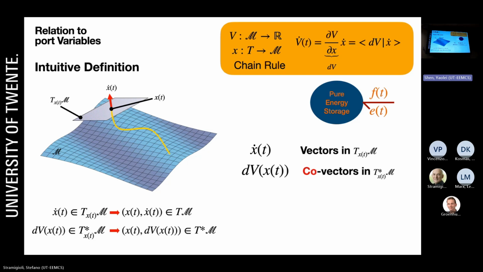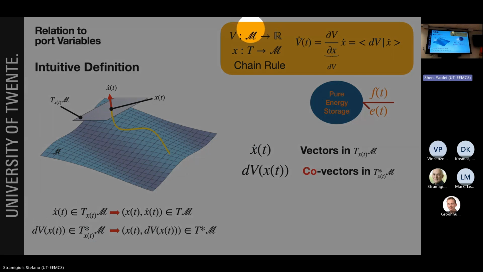In our case, the segment is time. You have a timeline, and for each time I tell you what the state is. This moves around, and that's a curve. Then you have the energy function, which is a map from the space to the energy of that point. So this is V, which goes from M to R.